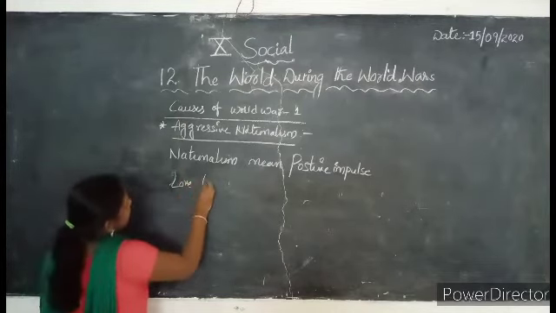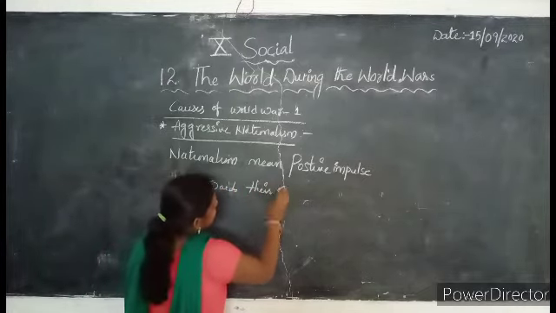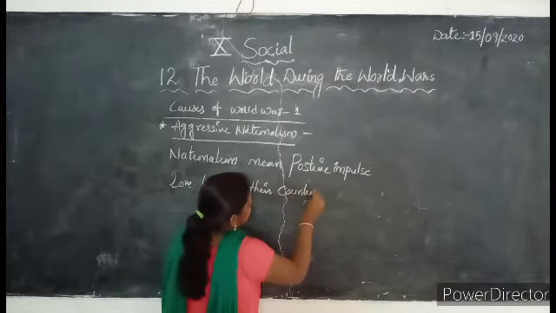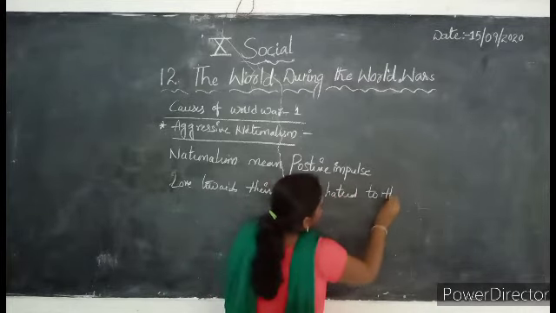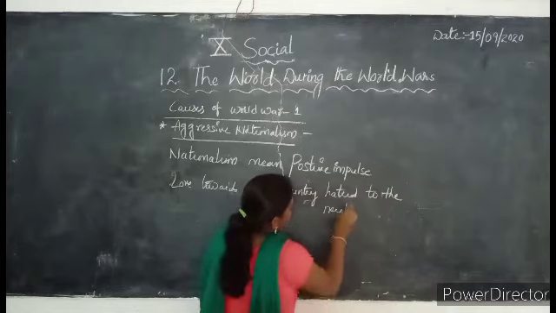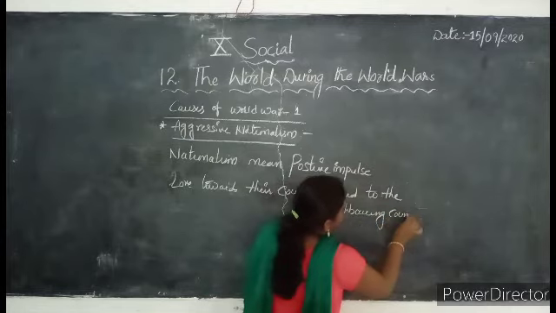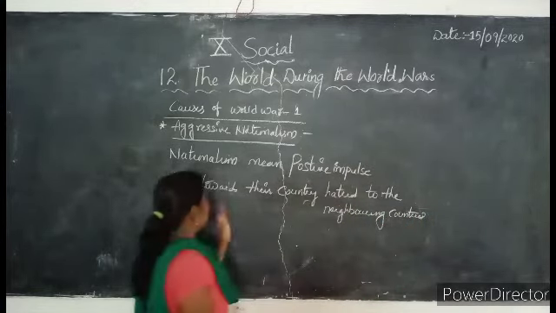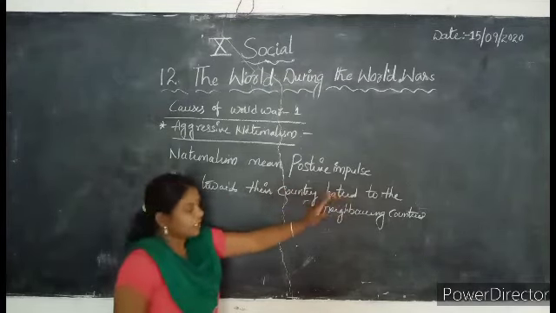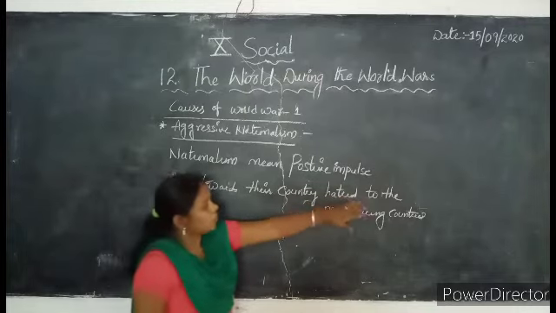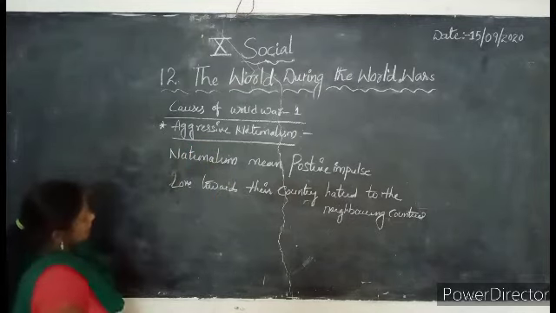Love towards their country, hatred towards neighboring countries. Showing love towards their country is nationalism. But on the other side, they have increased their hatred towards their neighboring countries. We can call it aggressive nationalism.